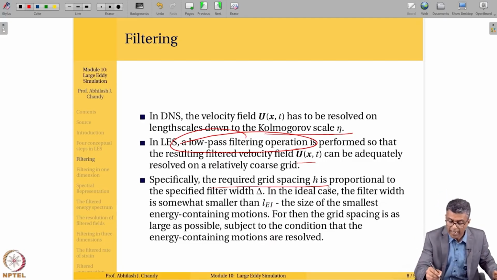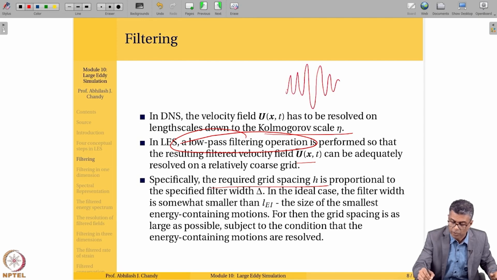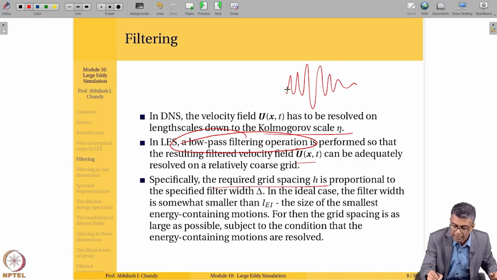So if I have a signal that looks like this, and I smooth it out in such a way that I capture only these parts, so if my filter is the following, and let's say this is U, then my filtered velocity field is going to look like this. I'll draw it here.